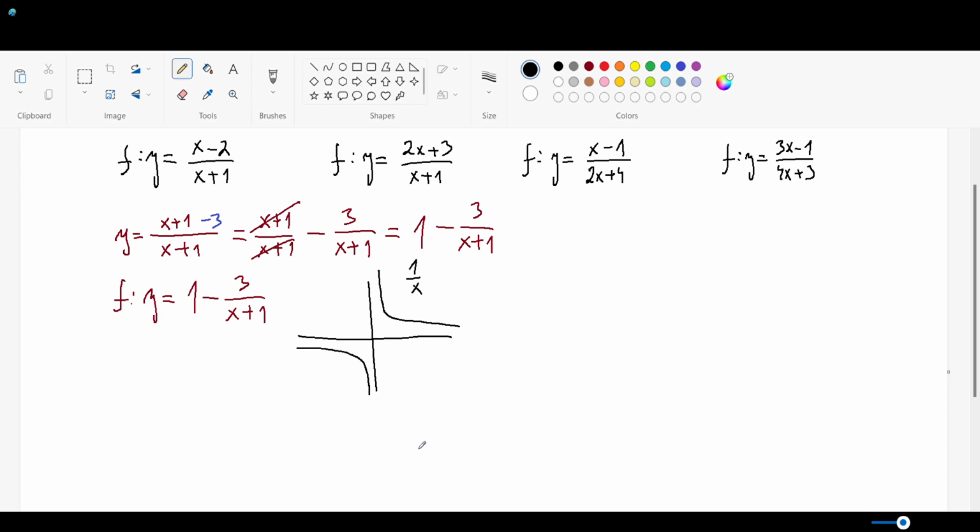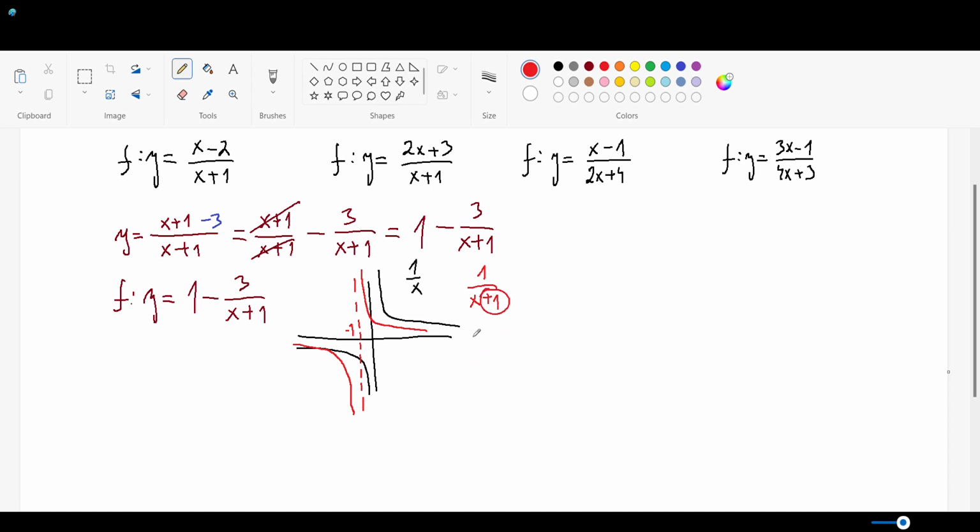Okay, what we can read from this relation or definition is that our function is moved 1 unit to the left, which means that there will be a vertical asymptote passing through -1, and I will draw it like here, which is -1, and it would mean that this is our new function, and our new function basically is 1 over x plus 1.